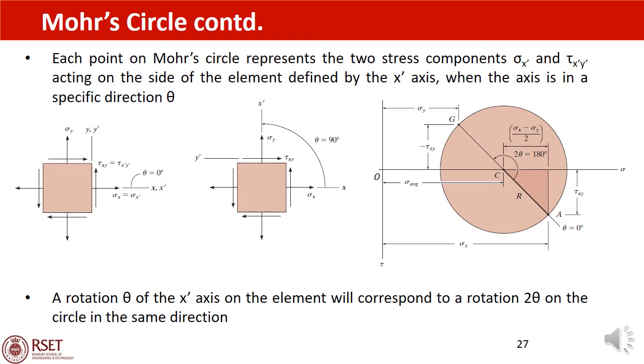Once constructed, Mohr circle can be used to determine the principal stresses, the maximum shear stress and associated average normal stress, or the stress on any arbitrary plane.